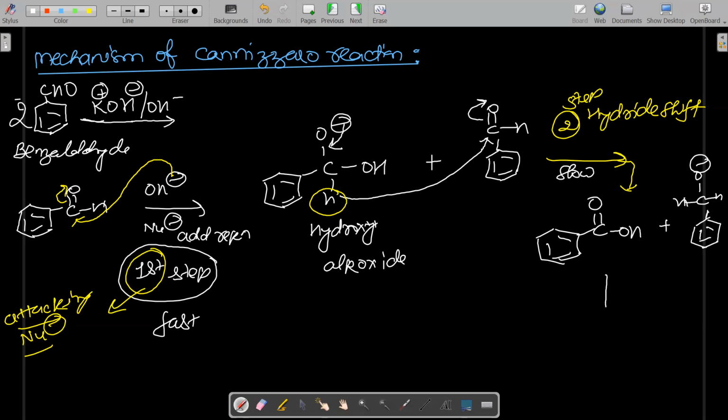Now in the third step, there is proton transfer. How does the proton get transferred?